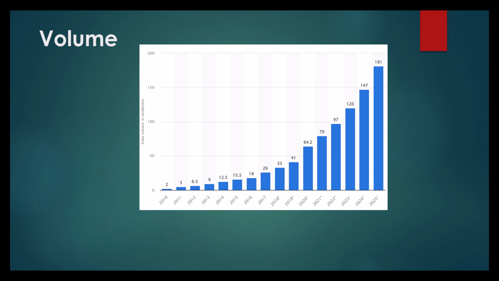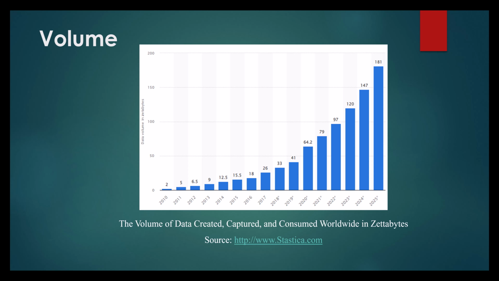And what is interesting is how the volume of all data in the world has grown in the last 15 years. From 2010, we had only 2 zettabytes of data. What's a zettabyte? We will see that in the next slide. And now in 2025, we have almost 180 zettabytes of data. And that's the source of this graph.